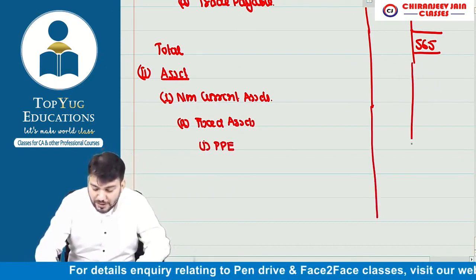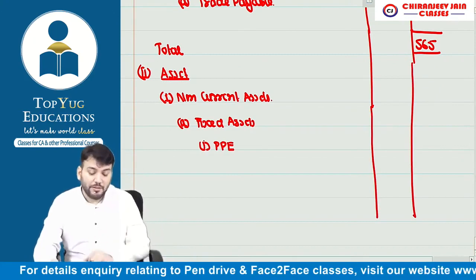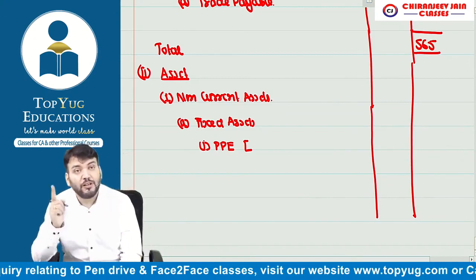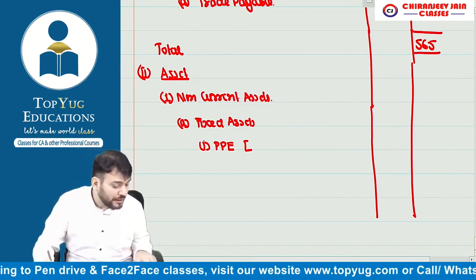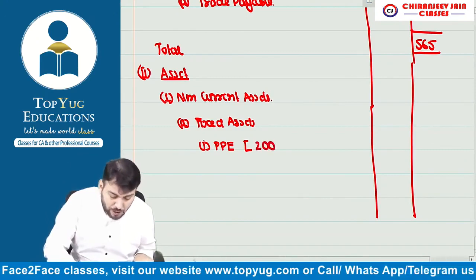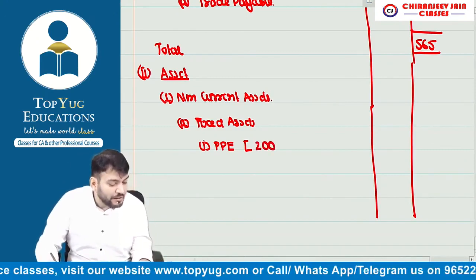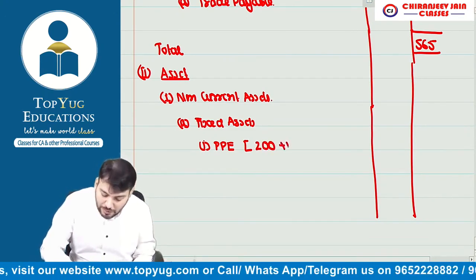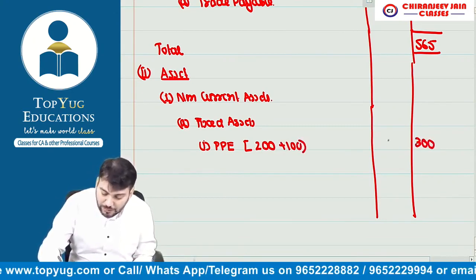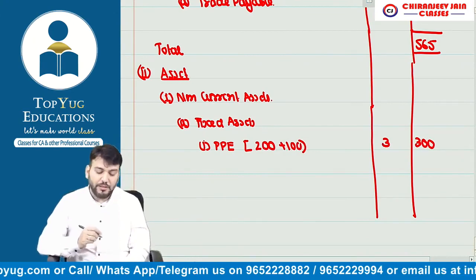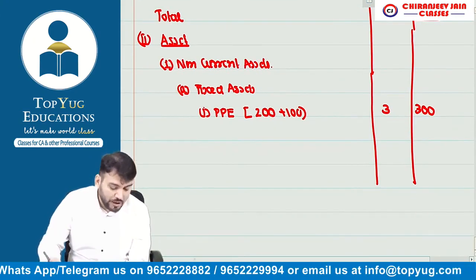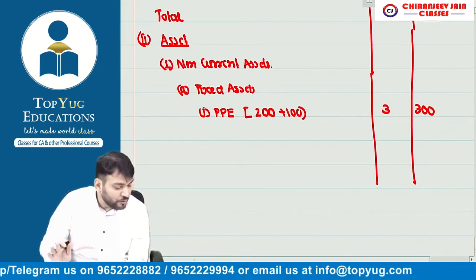The balance freehold property is increased to what? What was the valuation of the balance freehold property? 200 lakh. So this 200 lakh will be freehold property. And there is one plant and machinery, nothing was done to it. That will be 100. So the total is 300. You can prepare a note for this. Note number 3. Correct? Yes, sir. This point, current investment has been sold.